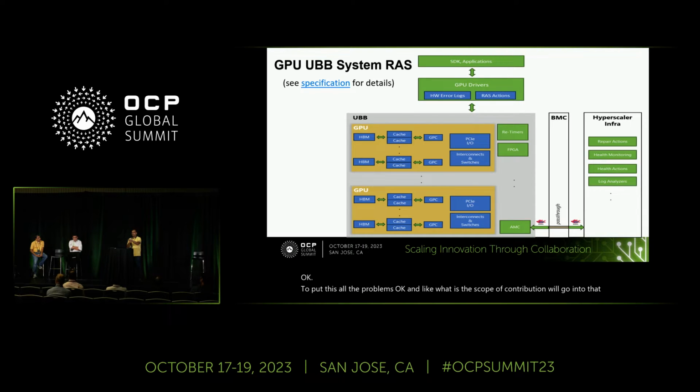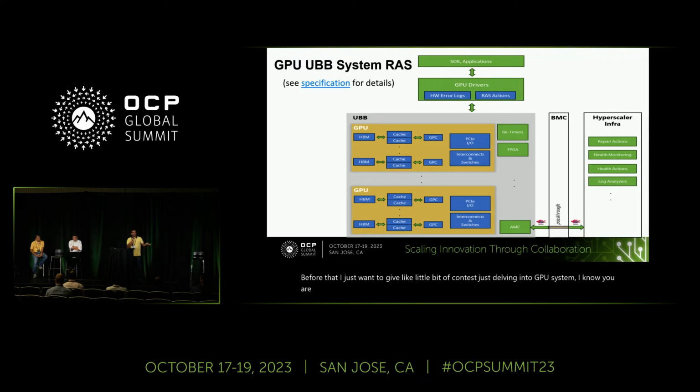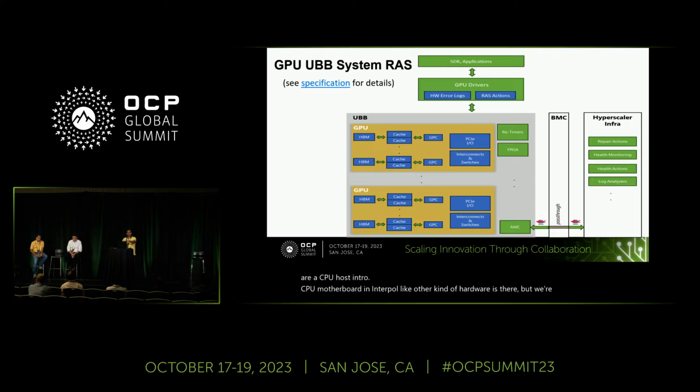Before that, I want to give a little bit of context on the GPU system. I know there is a host CPU, motherboard, and other kinds of hardware, but we are standardizing across this GPU complexity. In a typical GPU, you have the memory component called HBM, high bandwidth memory, plus cache like SMRAM, and a lot of GPU cores.